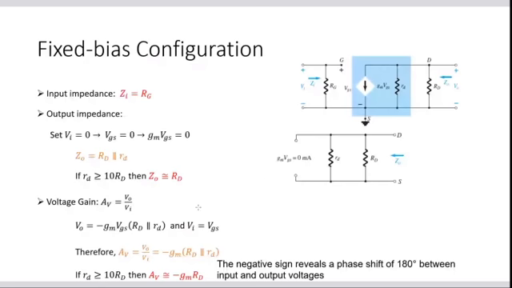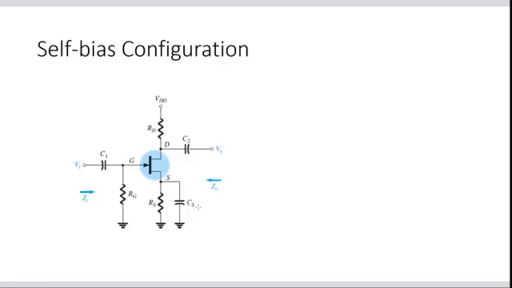Here, in the place of the gate resistance, if I replace it with two different resistances, R1 and R2, that is the voltage divider configuration. This is R1 and this is R2, the voltage divider biasing configuration, and we can directly check. We will directly go there now.